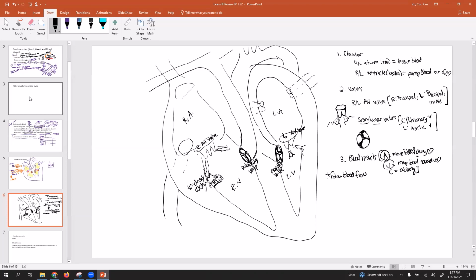Oh, I mean, the superior and inferior vena cava, sorry. That's correct. Yep, no, that's good. So up here, let's color that in. Now, would those be oxygenated or deoxygenated? Deoxygenated. Right.